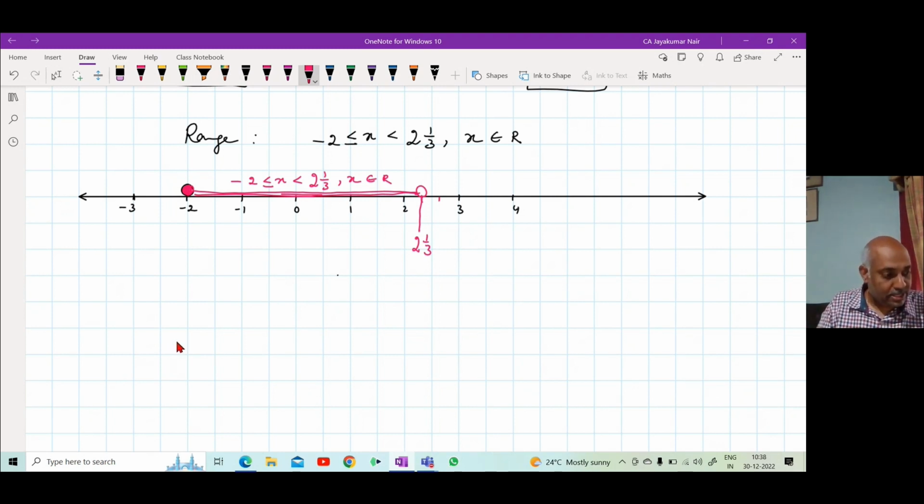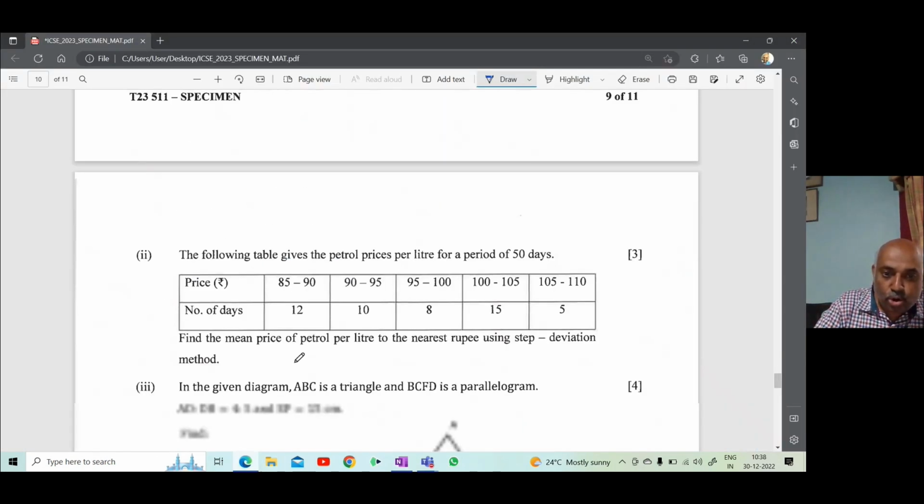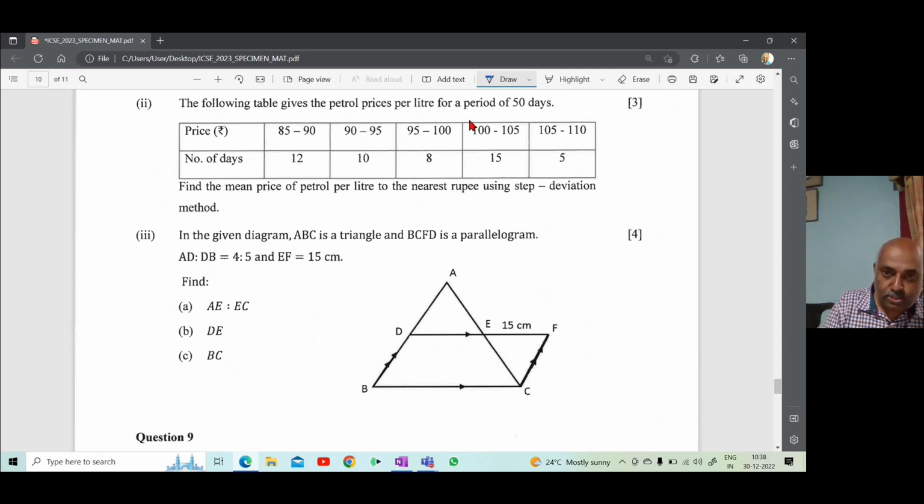Now what is the next one? Question number 2. They are asking you to find the mean. The following table gives the petrol prices per liter for a period of 50 days. You're supposed to find out the mean price by using step deviation method.